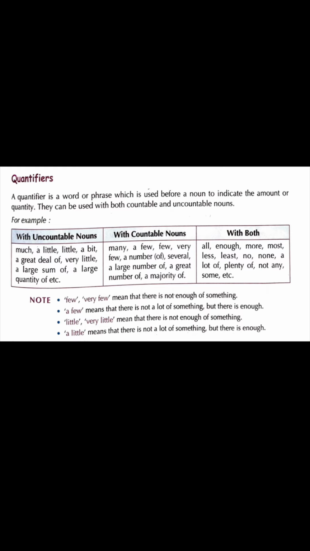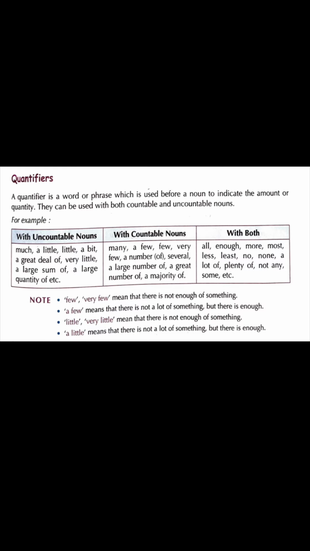These are used with uncountable nouns, whereas for countable, it's like many, a few, very few, a number of, several, a large number of. And for both of them, we use words like all, enough, more, most, less, least. So what you need to keep a note of is that few or very few mean that there is not enough of something.